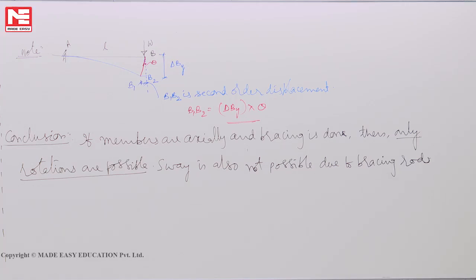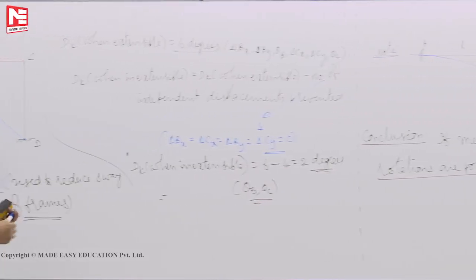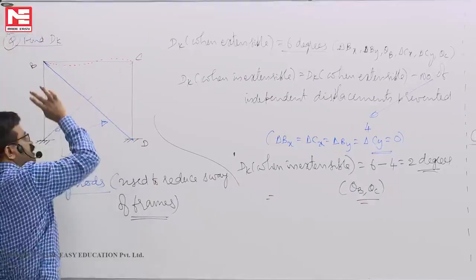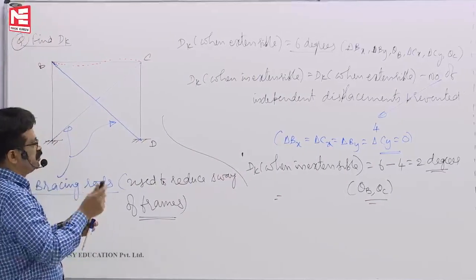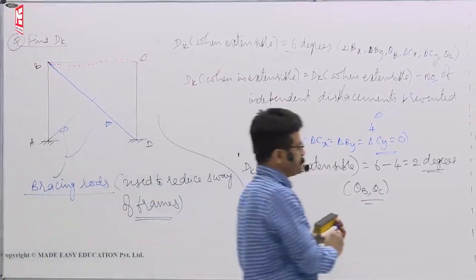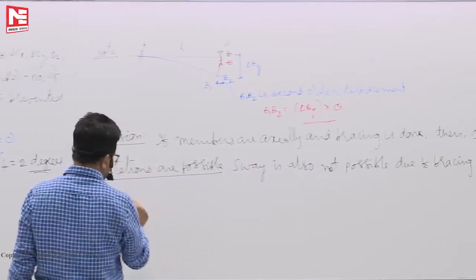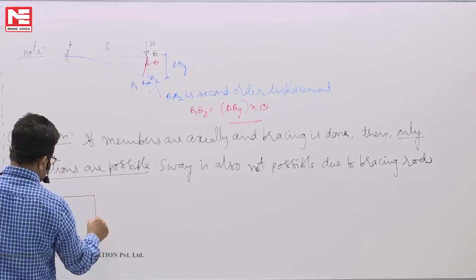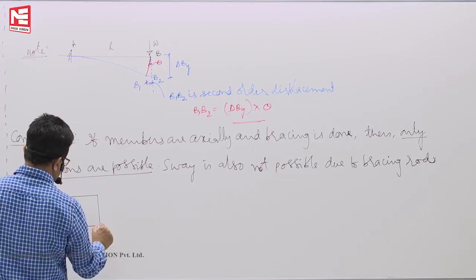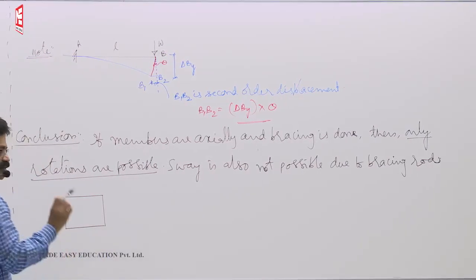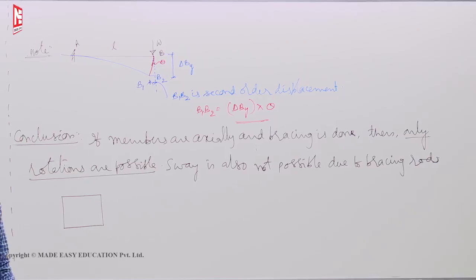Now you see, one diagonal will be under tension, one diagonal will be under compression. If the frame sways to the right side, which diagonal is under tension and which is under compression? See here, in strength of materials you have studied a small element in a truss.